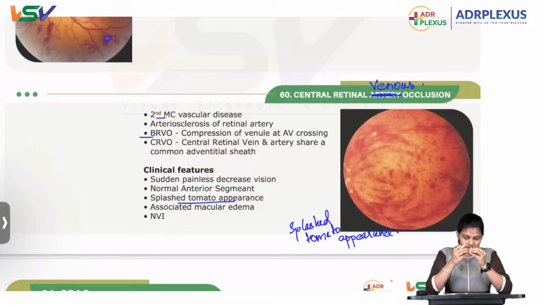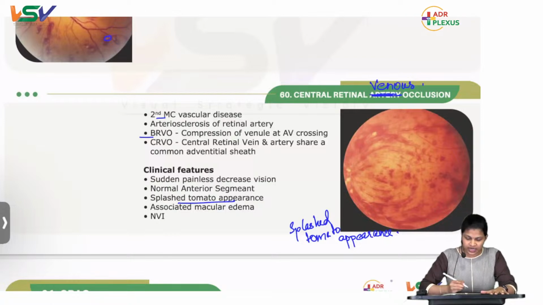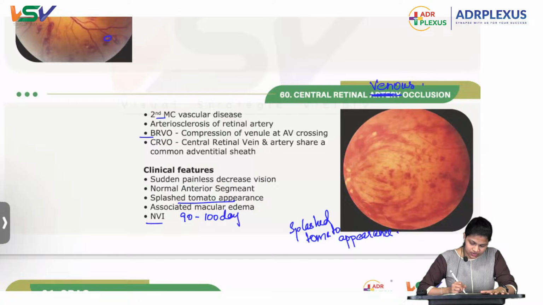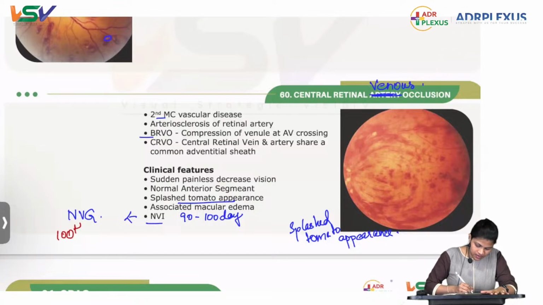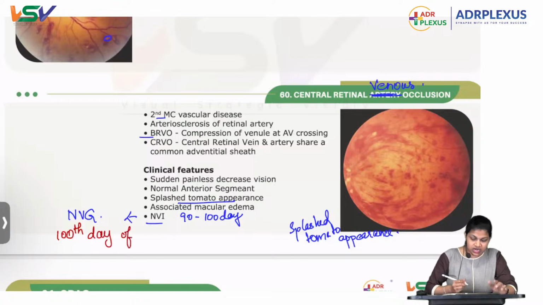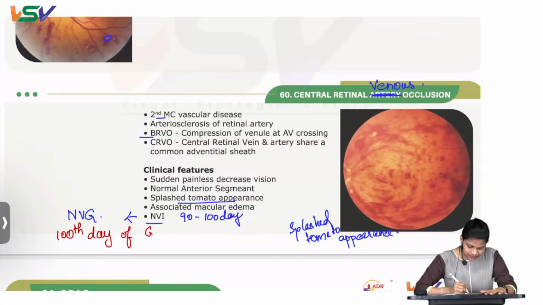Now remember, there will be a sudden painless decrease in vision. The anterior segment will be normal, with splashed tomato appearance, and it could be associated with macular edema. And after around 90 to 100 days, there will be neovascularization of the iris, which will form neovascular glaucoma. Remember, 100th day glaucoma. Okay, this term is usually used. So, central retinal venous occlusion can cause NVI and NVG, which is the 100th day glaucoma.